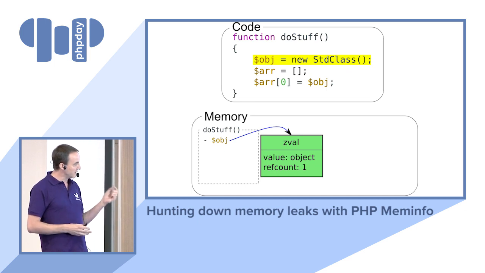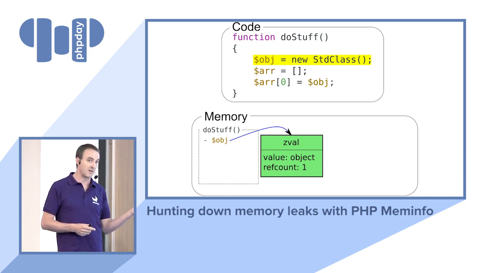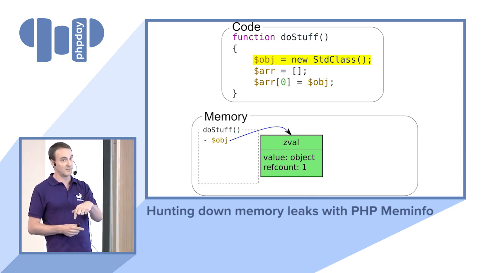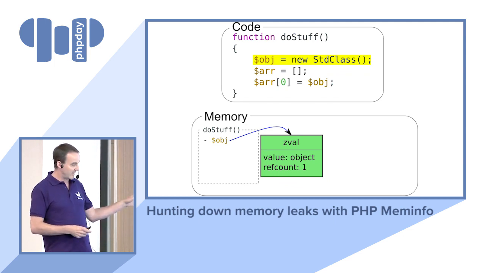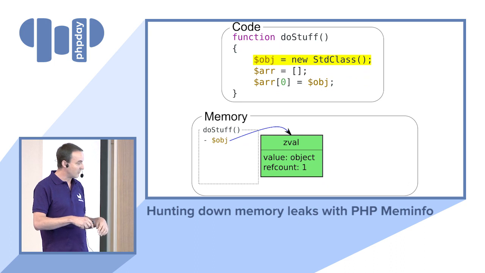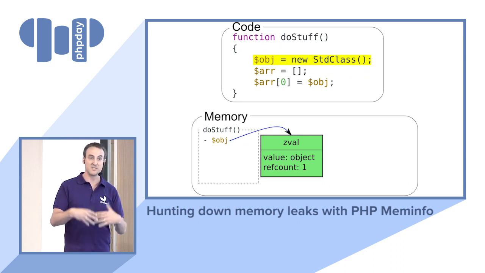And there's one piece of information that will be quite interesting for us. It's called the ref count. The ref count is the number of references that are pointing to this zval. In this situation, on my left here, I have the context of my function, meaning all the variables that are defined in this function.